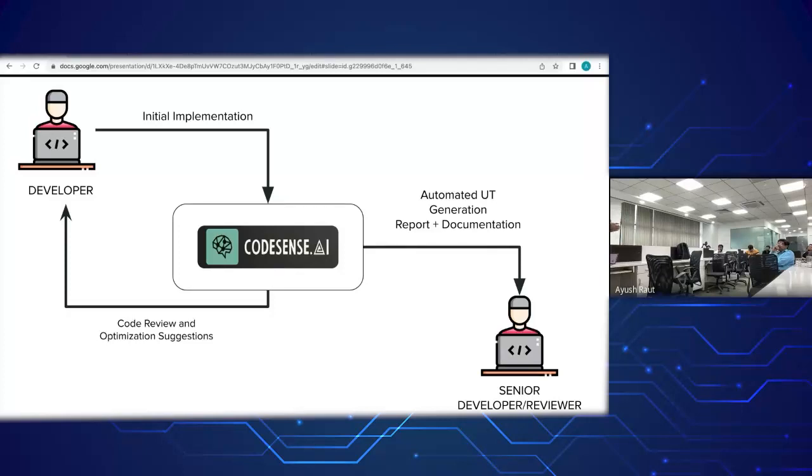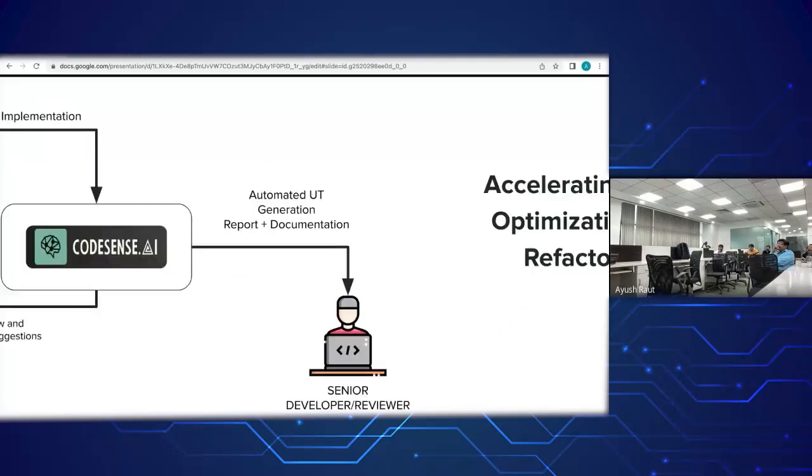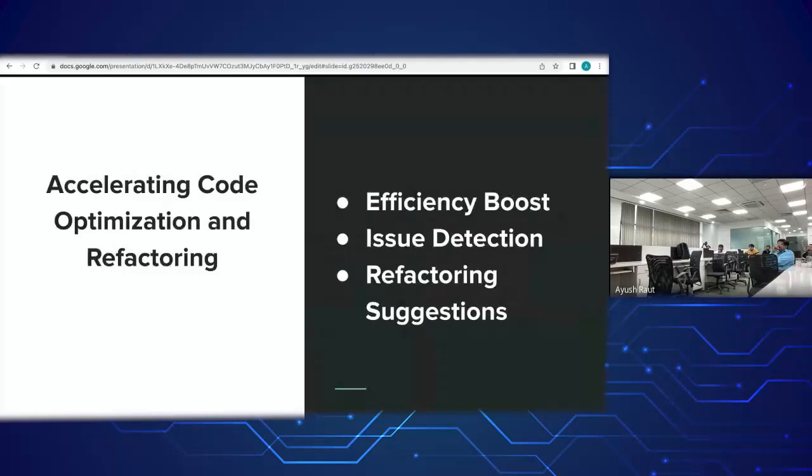So basically, this tool is dependent on three major aspects. First would be accelerating code optimization and refactoring. This has three sub-stages, basically. Efficiency boost: I'm planning to train this LLM model on the context of the code base that is given.